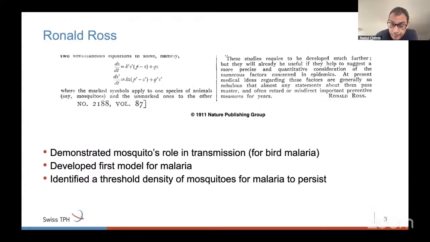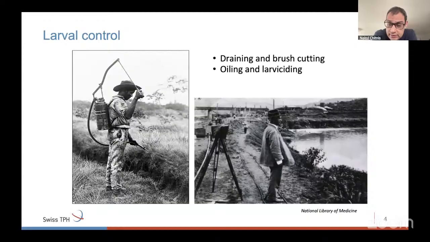And this led to a lot of work in the early 20th century where malaria control focused on larviciding. It was really about draining ditches or ponds where water collected, and cutting brush and vegetation around where water would have collected. In breeding sites which could not be removed, it was using oil and other larvicides to kill larvae.